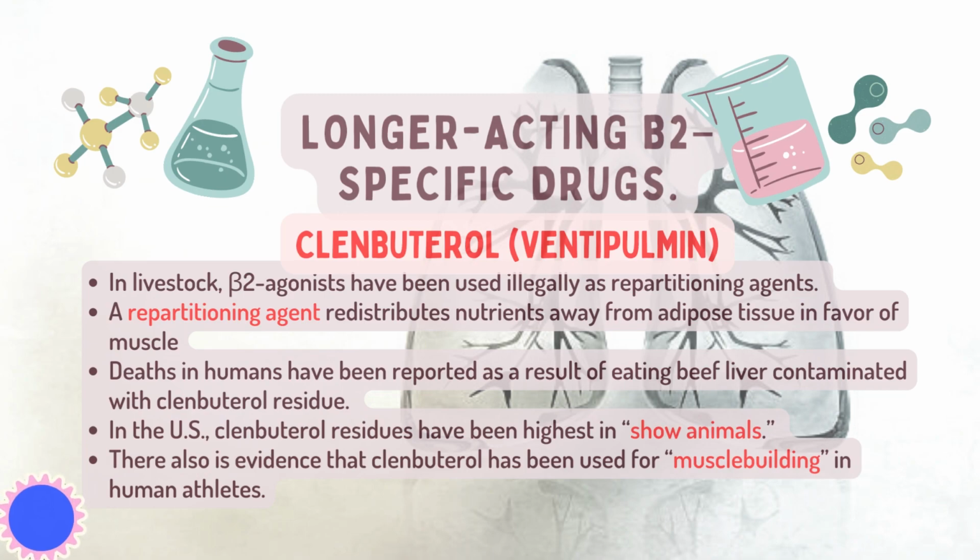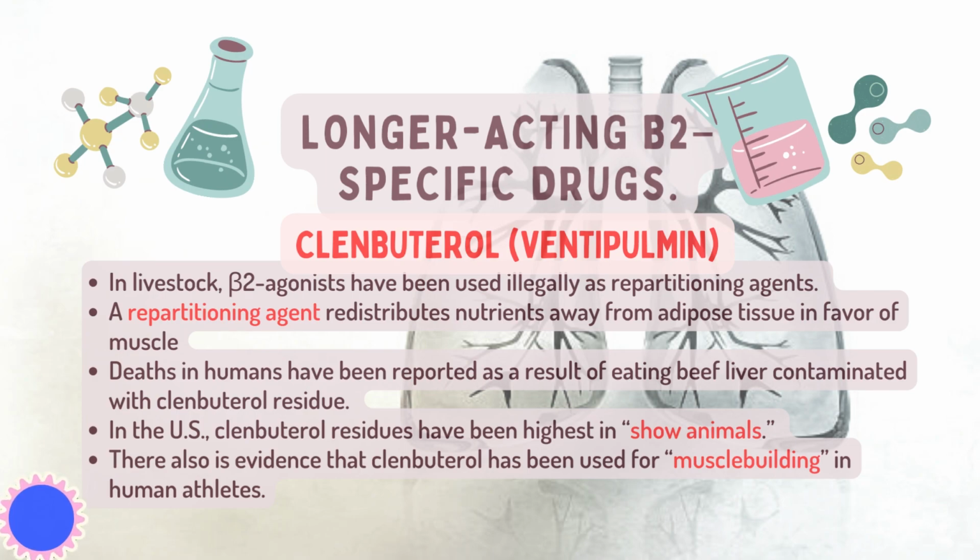In livestock, beta-2 agonists have been used legally as repartitioning agents. A repartitioning agent redistributes nutrients away from adipose tissue in favor of muscles.